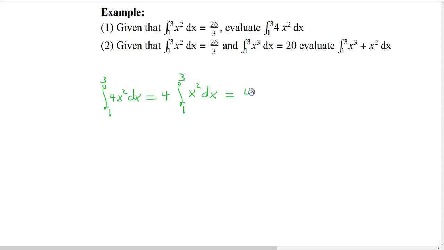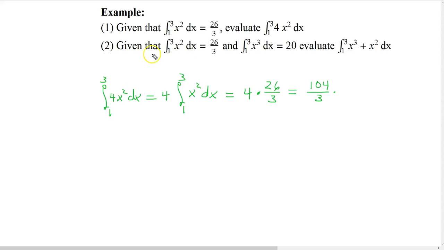And we obtain 4 times 26 over 3, or let's see, that's going to be 104 over 3. And if you want a decimal expansion, you can evaluate that on your calculator.